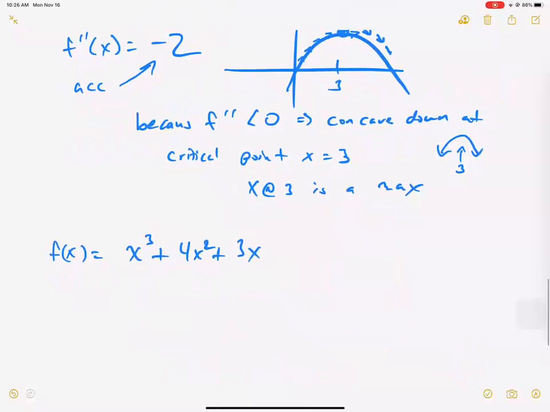I want us to find our critical points, or find mins and maxes, using f double prime. We're going to find the mins and maxes not using our first derivative test, not using our sign chart, but we're going to jump to the concavity. You can tell me if it's a min or max just by looking at the concavity.